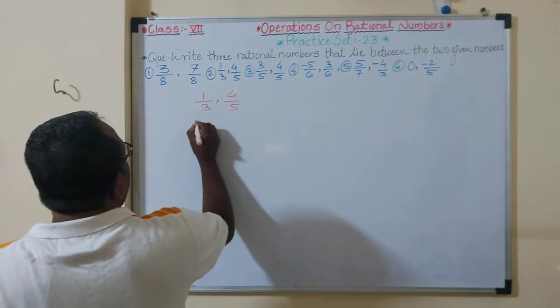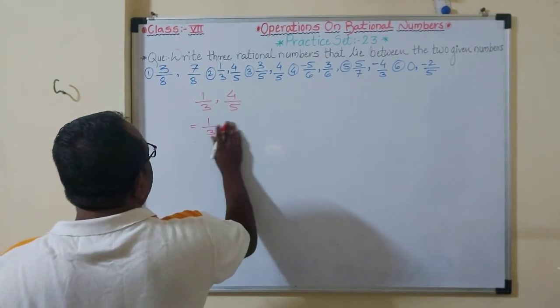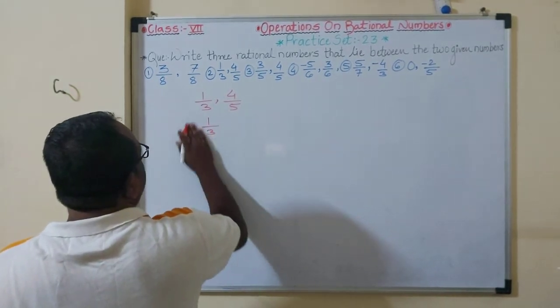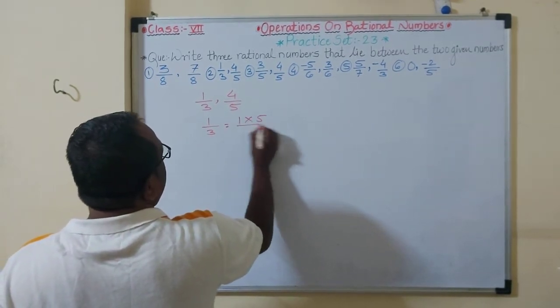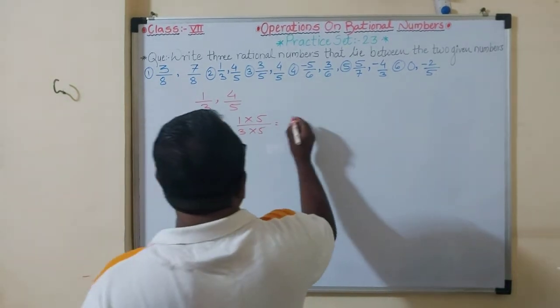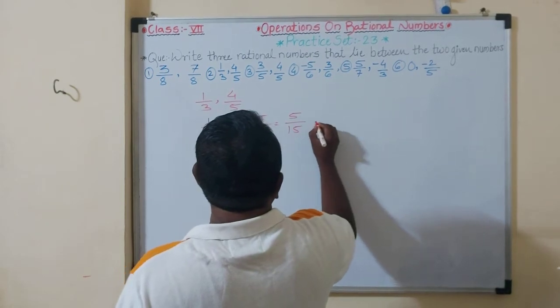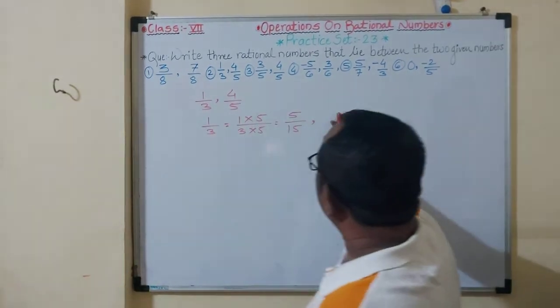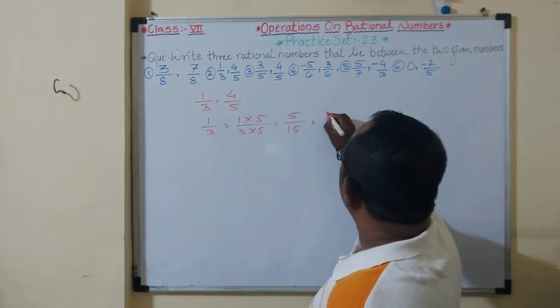First, 1 upon 3 is equal to 1 multiplied by 5 upon 3 multiplied by 5. And we get 5 ones are 5, 3 fives are 15. And here, students, you can write it in front, no need to write it downside.